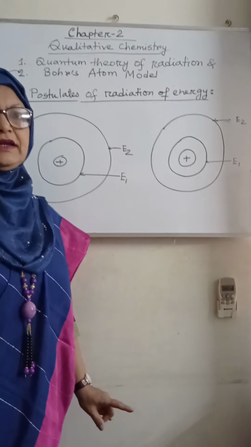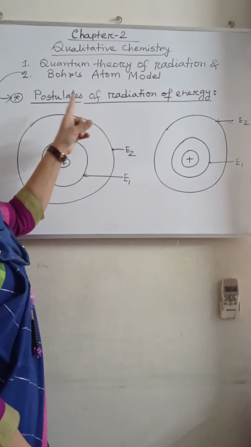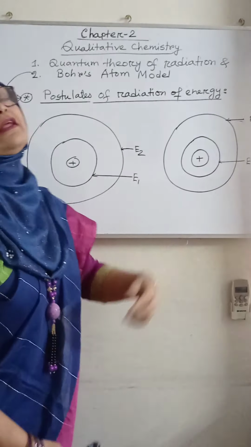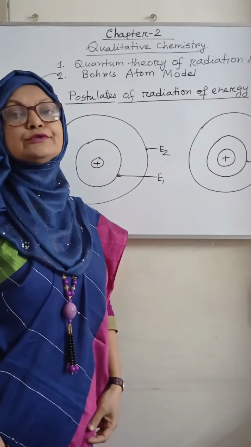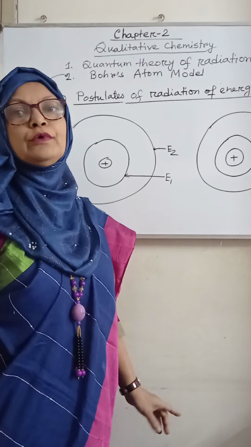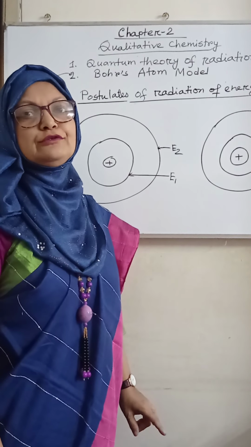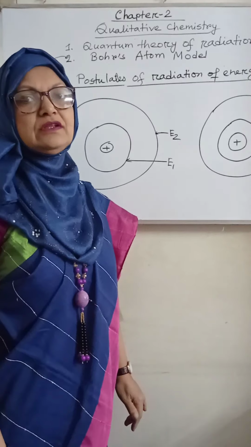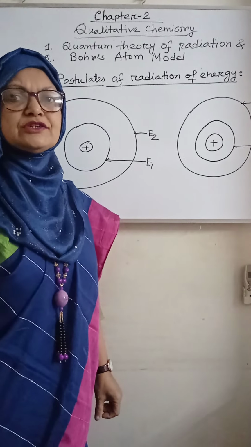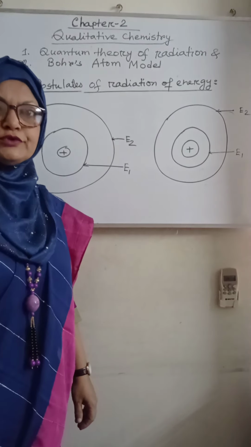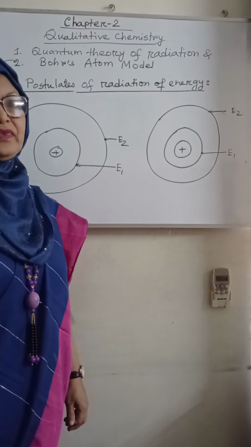I repeat it again. The third postulate of radiation of energy is: when an electron is transferred from one energy level to another energy level, then it radiates or absorbs energy.